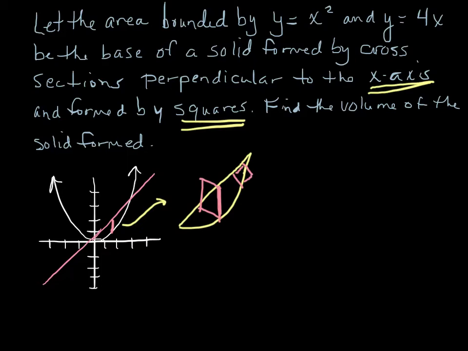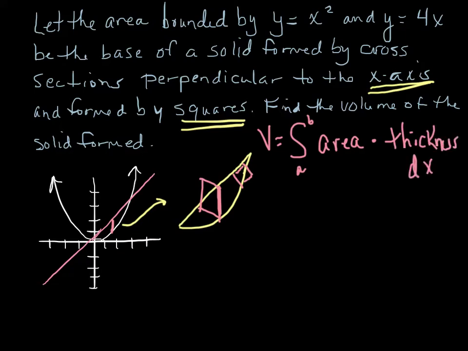To find the volume by cross sections, in general, the volume is going to be the integral from a to b, because we're going to add up a bunch of cross sections, and you're going to take the area of your shape, whatever your cross section would be, whether it's a square or a semicircle, and multiply that by the thickness. And as always, your thickness is either your dx or your dy.